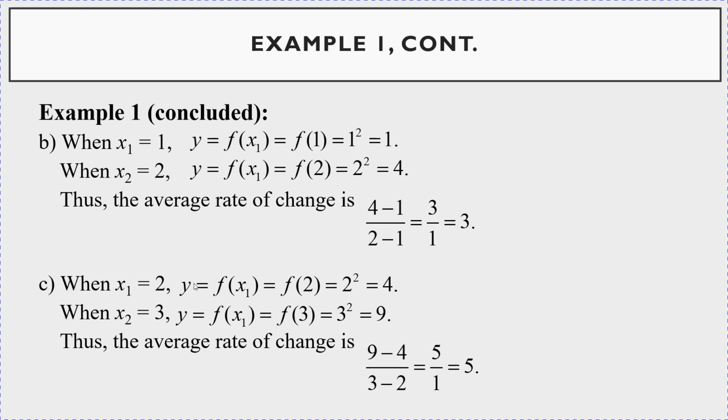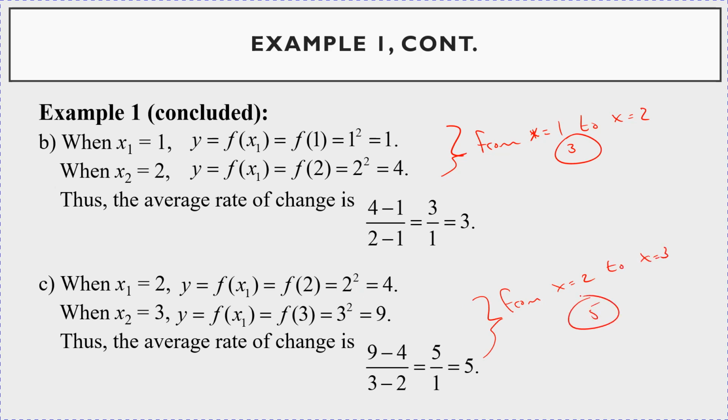But you can see here that the average rate of change from x equals 1 to 2 is 3. But then when you look at it from 2 to 3, the average rate of change is 5.